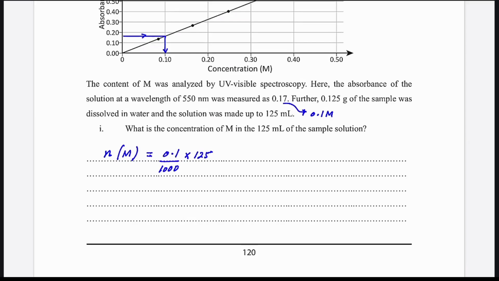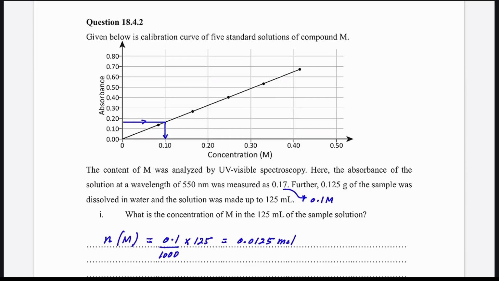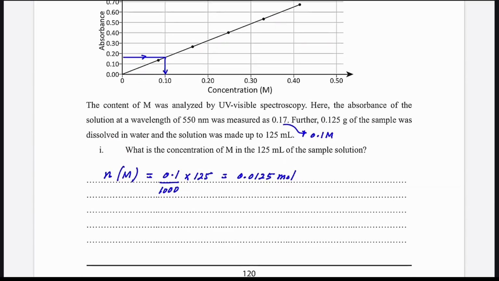Now you have 125 mL. So how much is that? 0.0125 moles. So the number of moles is there, so the mass of M. In this question, the molar mass of M should be given. Let me predict that. Give me a second.